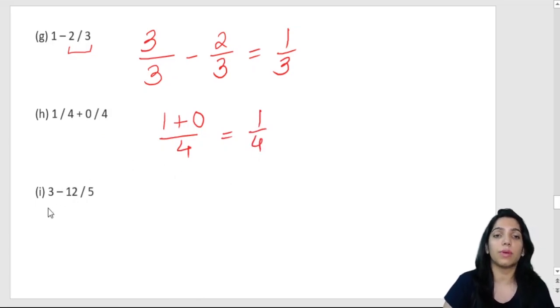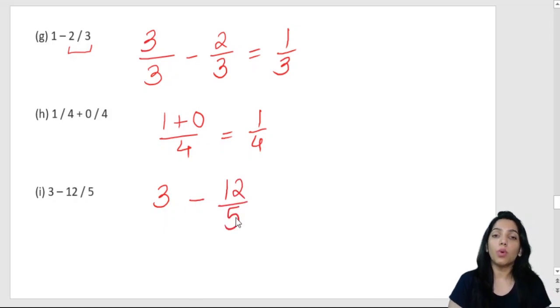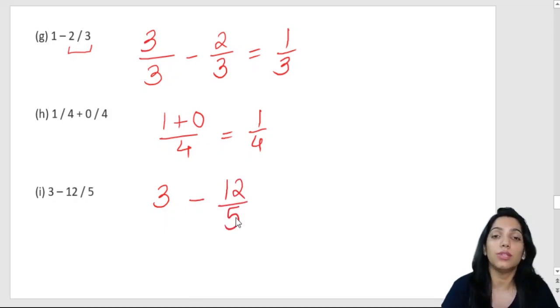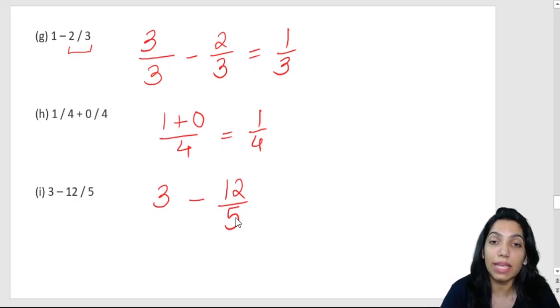Moving on to the next one, it says 3 over something, we don't know what it is, minus 12 over 5. Now what will we do? We need to think how we can find out the denominator. We need to make like fractions.